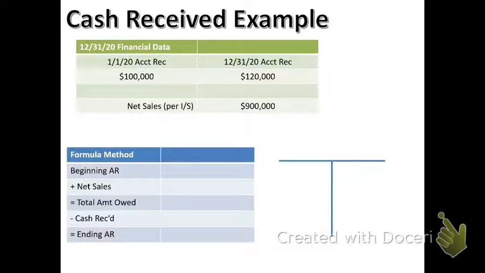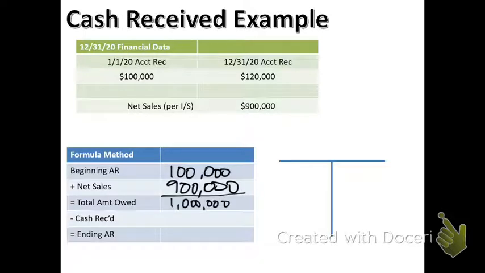Again, walking through my beginning piece. There's my beginning accounts receivable of $100,000. Net sales of $900,000. So if I never ever managed to collect anything, I'd be owed $1 million. And to be honest, I would be terrible at my job if I never collected payments from customers.